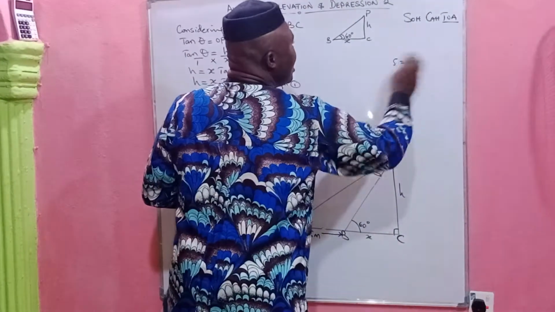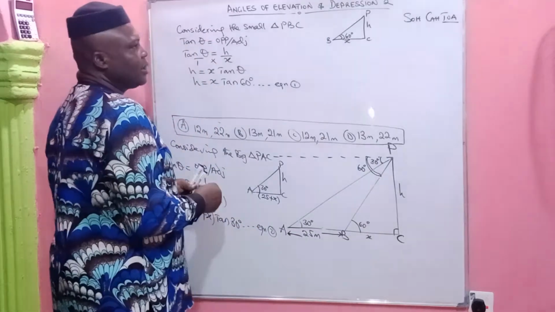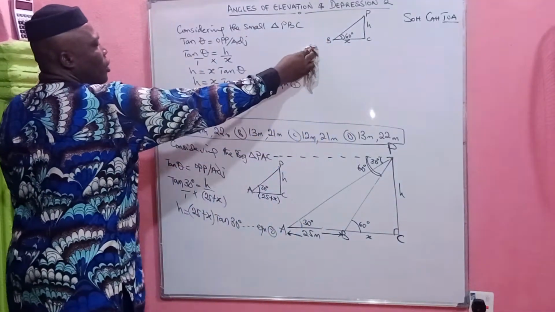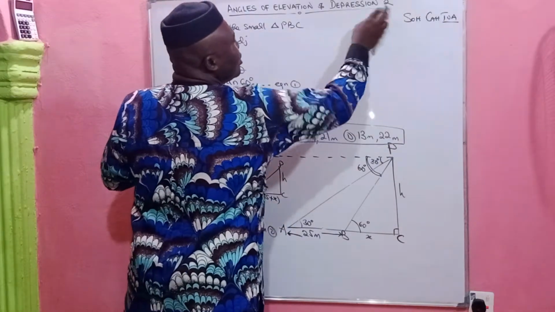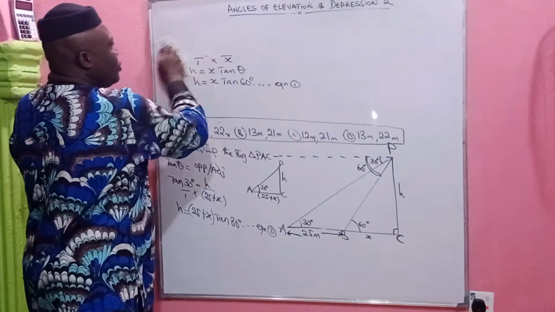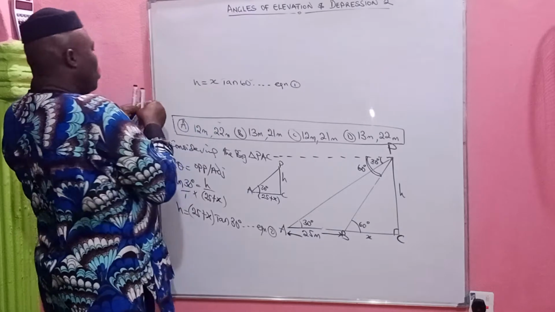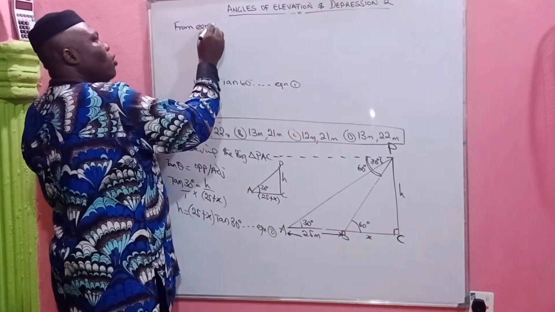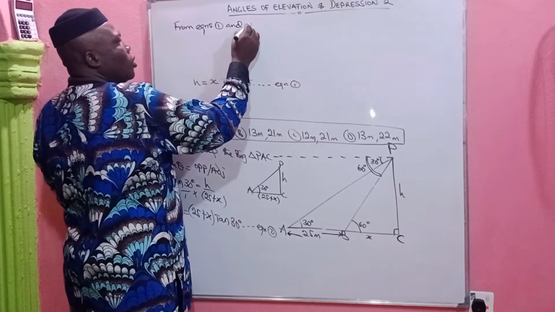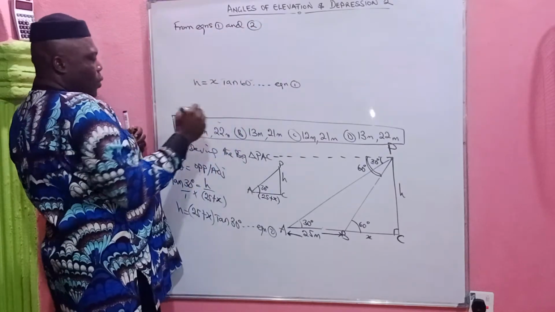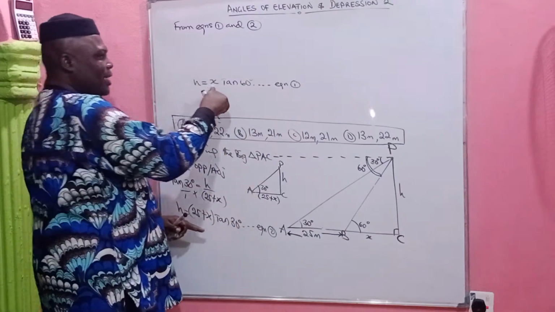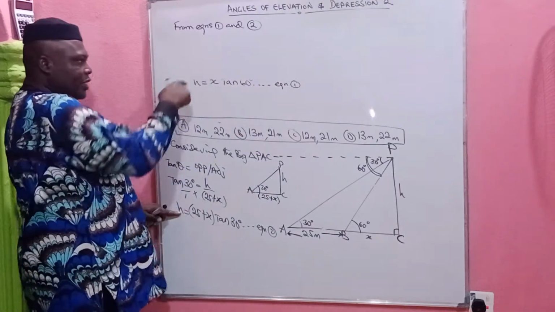Okay, so let's see how we can do that. All right, so now from our equations 1 and 2, we're told that H is equal to this and H is equal to this. So we equate this to this because H is equal.